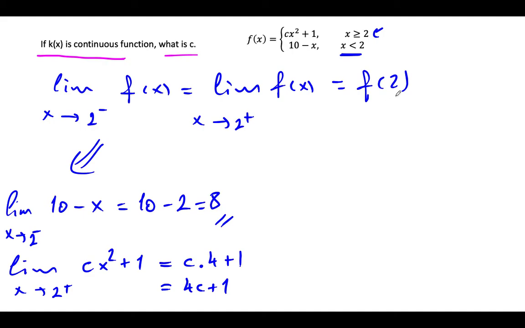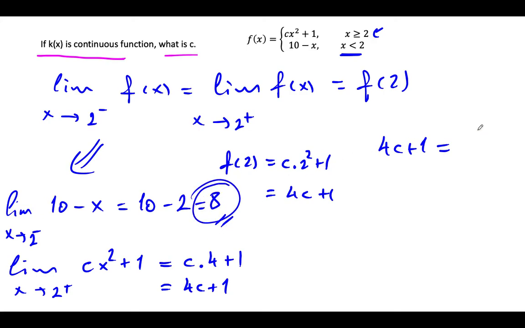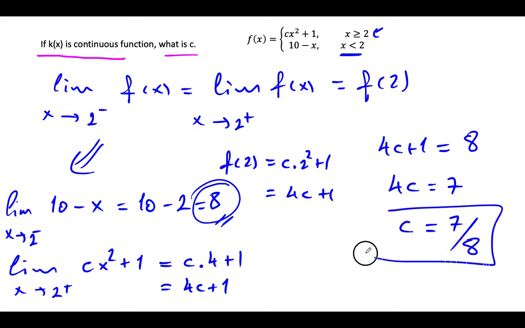And f of 2, if we calculate, when x is 2, is equal to c times 2 squared plus 1, which is 4c plus 1. And so what we say, 4c plus 1 must be equal to 8. And so 4c is equal to 7, c is equal to 7 over 8, and that's the answer of the question. That's it.